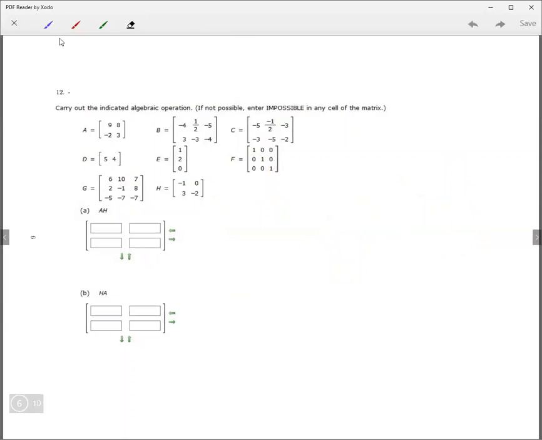Okay, let's look at number 12. Carry out the indicated algebraic operation. So AH. There's A and there's H. So probably the best thing is to just write those down.